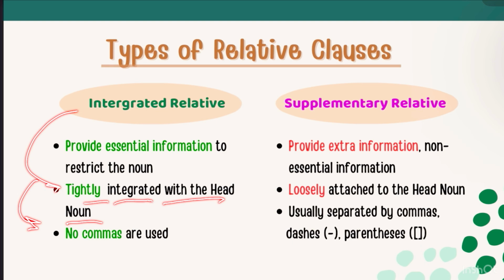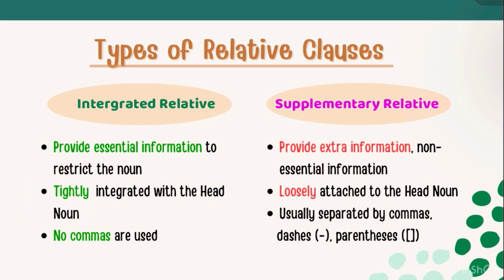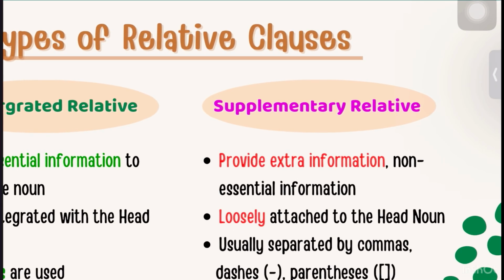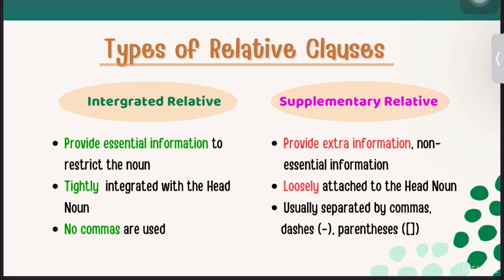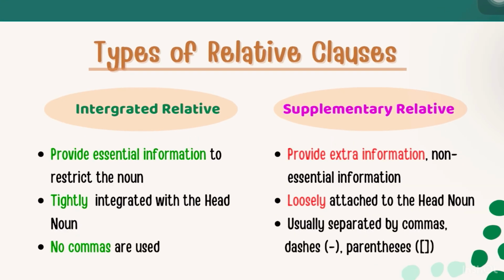And no commas are used, unlike supplementary relative. Supplementary relative provides extra or non-essential information that you can delete, and the meaning can still be fully understood. And supplementary relative is loosely attached to the head noun.